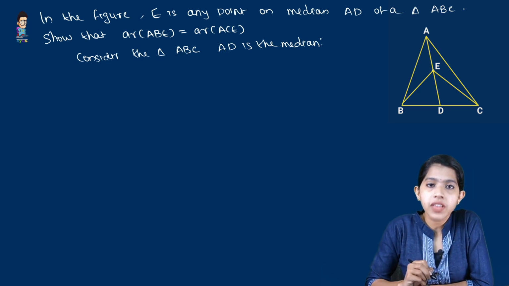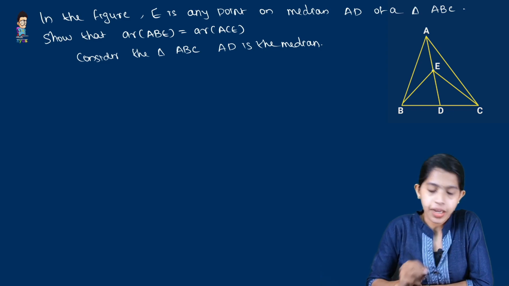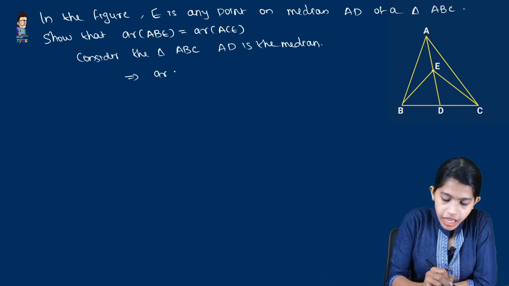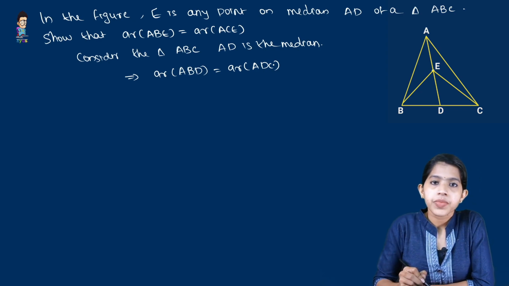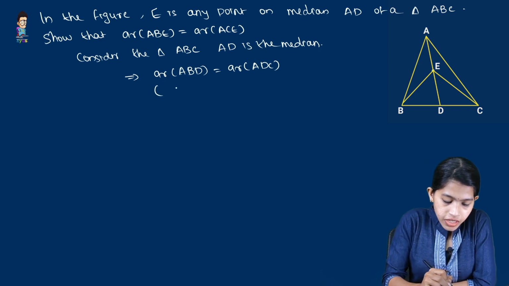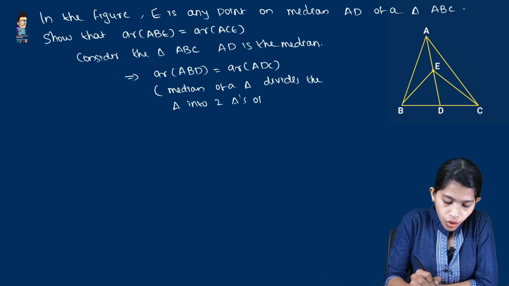Then, from the previous example, we have seen that the median of the triangle divides the triangle into two triangles of equal area. This implies that area of ABD is equal to area of ADC.